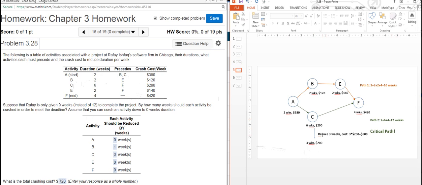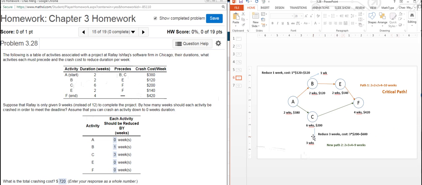So we need to reduce 3 weeks from activity C. If we do that, the C activity will become 3 weeks, reducing 3 weeks from 6 weeks. The cost is 3 times $200, which equals $600. This is the first step we have to do.